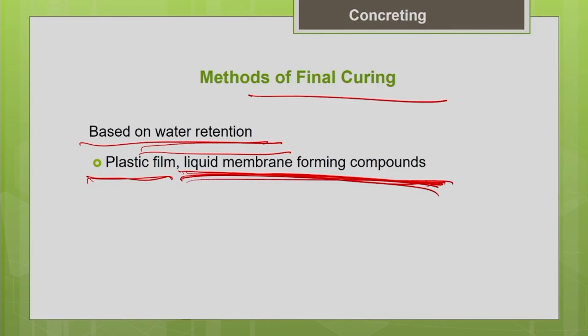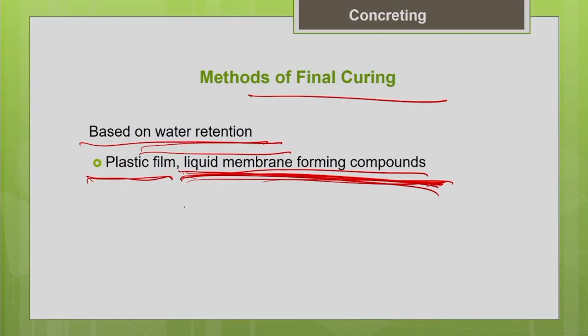There will not be any stain formation, and it lasts for a longer time, even up to 28 days. But one thing you have to be careful about: we should spray these membrane curing compounds only when the concrete is completely dried. There should not be any bleed water on the surface. If there is any bleed water on the surface, that will affect the efficiency of these compounds.